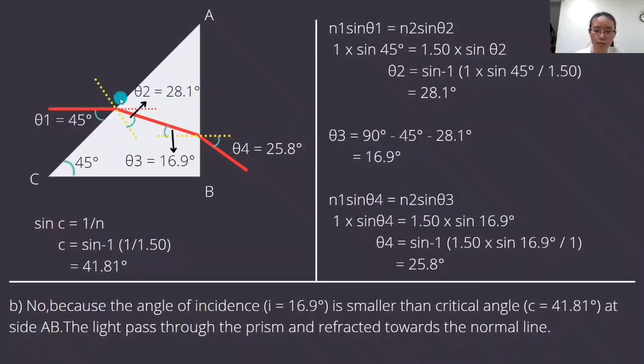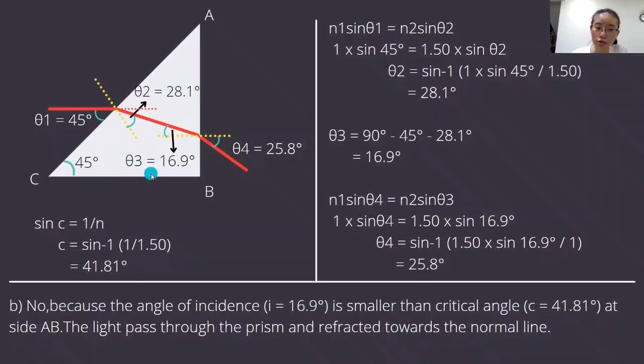Okay, now we look at this diagram. This yellow dotted line is the normal. From this normal to the side AC, look here, from here to here is 90 degrees. And then we can look here, the side AC to the red dotted line here is 45 degrees. Why? Because here is 45 degrees and these two angles are opposite angles. So here is 45 degrees and here is 45 degrees too.